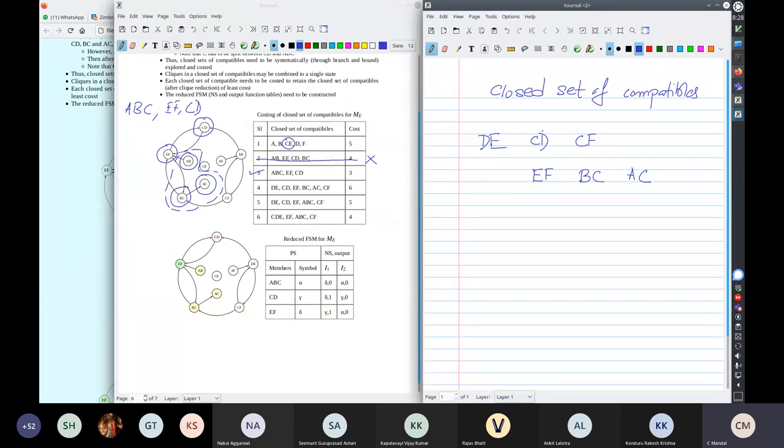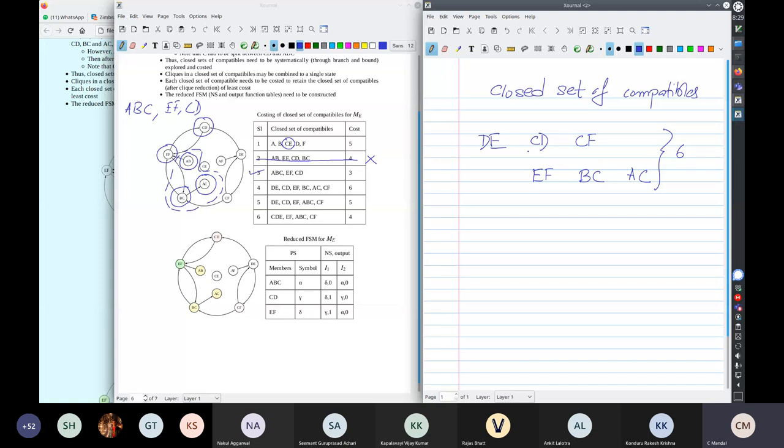If you take a look at this, CD, DE, I don't see any clique over here. All right, so this, as you can see, has a cost of 6. So you get 6 states over here.